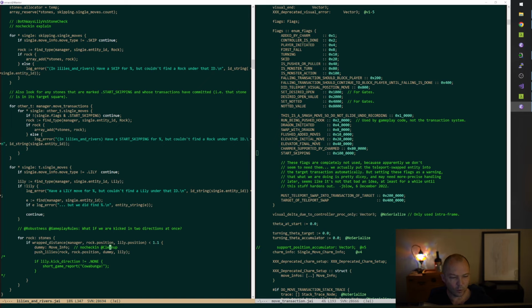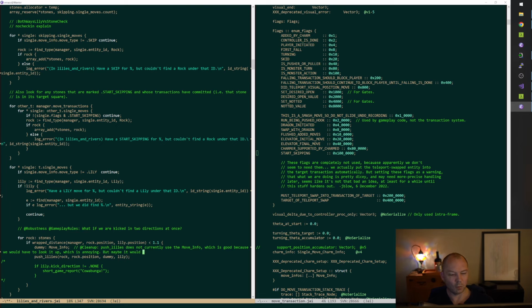Okay, so push lilies. Push lilies does not currently use the move info. Good, because we would have to look it up, which is annoying.